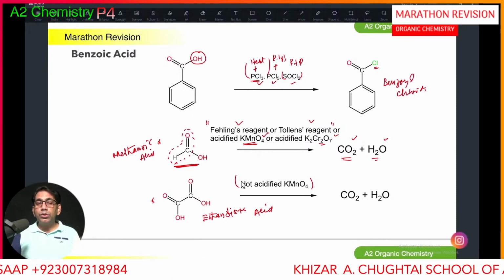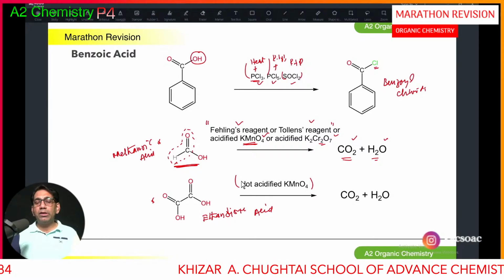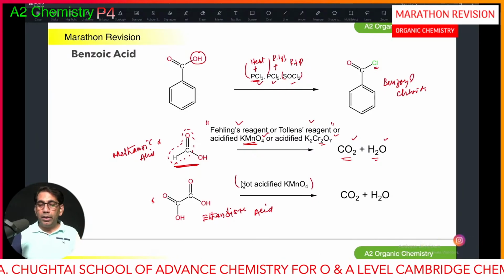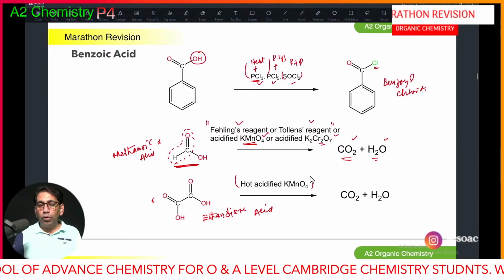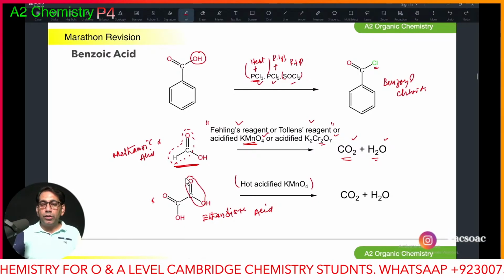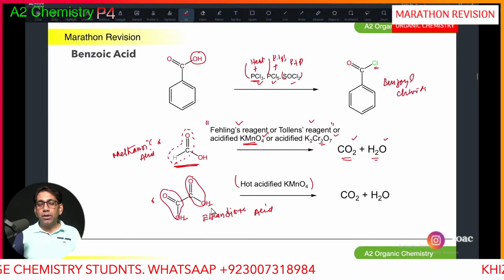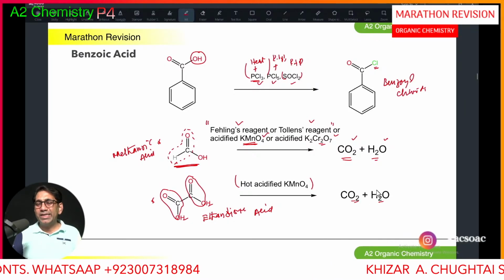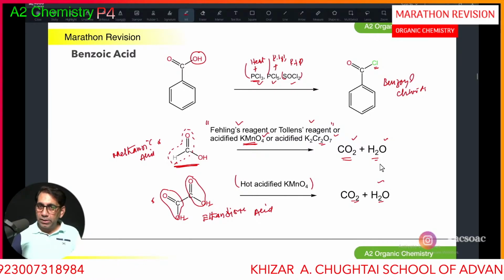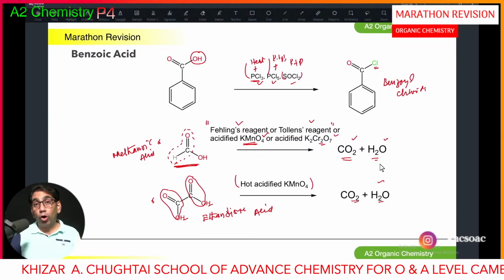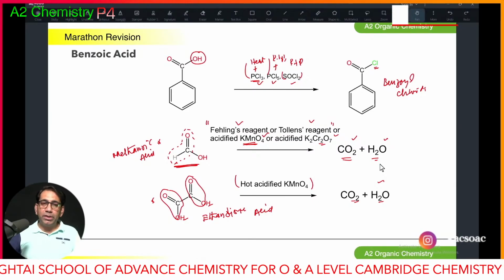If you want to oxidize this carboxylic acid, you will have to use hot acidified KMnO4, and this molecule will change into CO2 from these two groups, and these two hydrogens will change into water. Once again, the outcomes are the same: both make carbon dioxide and water. So these are the typical reactions. Please remember them.